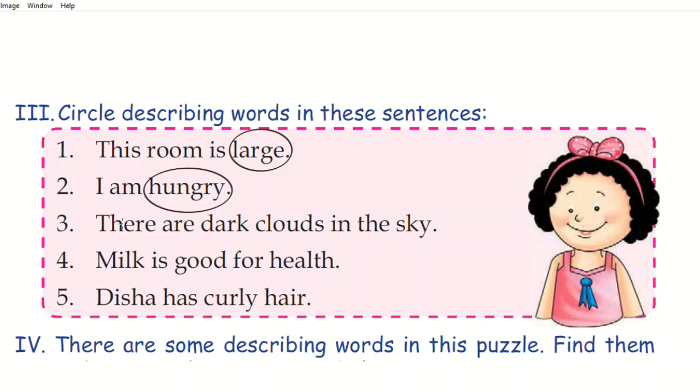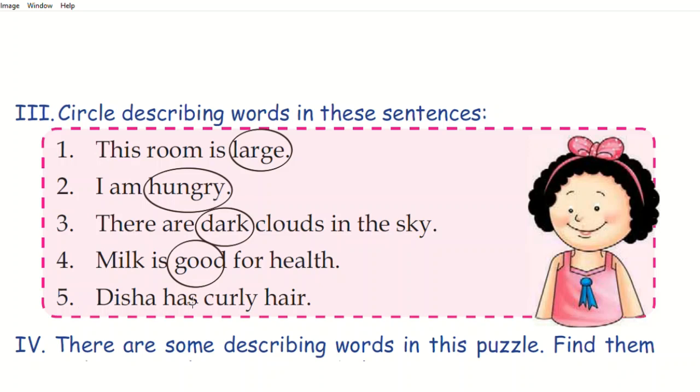3. There are dark clouds in the sky. In this sentence, the word dark is the describing word. Circle it. Number 4. Milk is good for health. In this sentence, good is the describing word. Circle it. Last sentence, number 5.